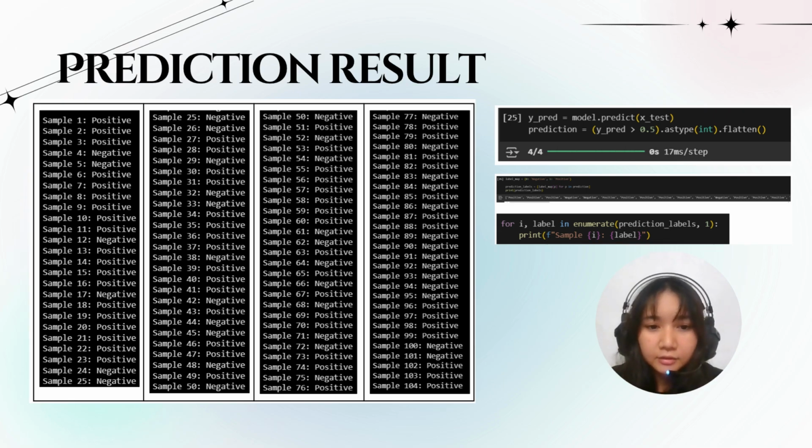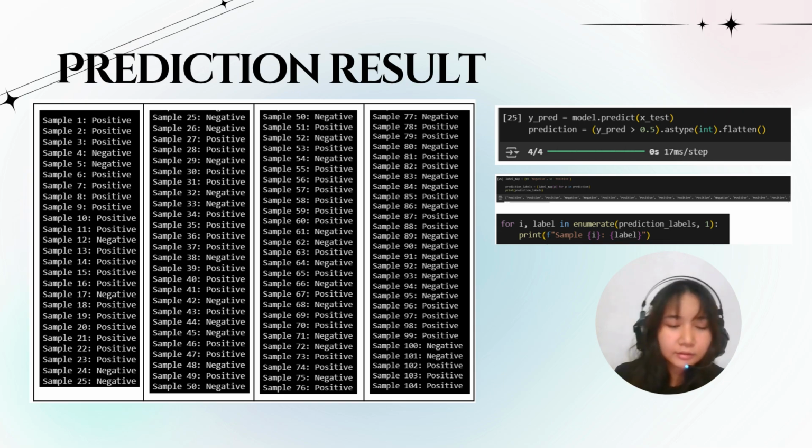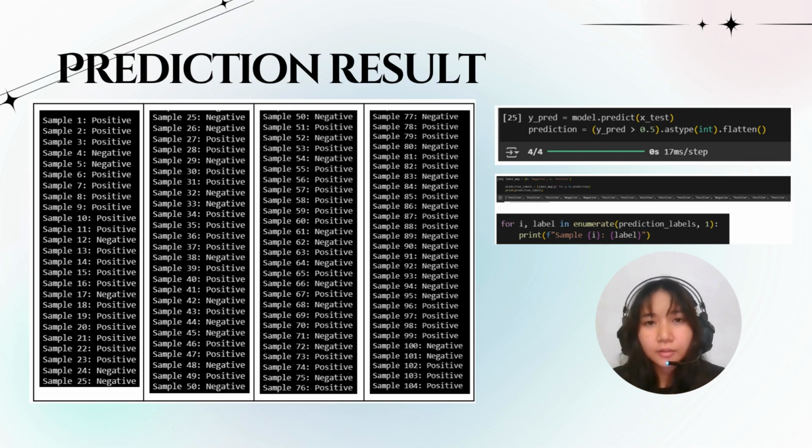So after training, we tested the model with unseen data, and if the prediction is greater than 0.5, it is labeled as diabetic, and if it's less than or equal to 0.5, it is labeled as non-diabetic, and the model correctly classified the tested data, which is a total of 104 patients.